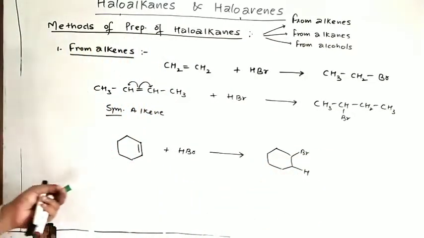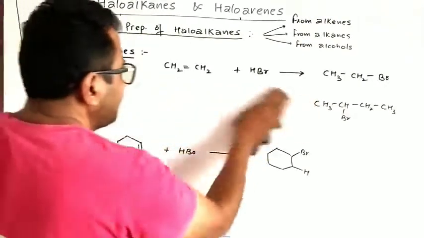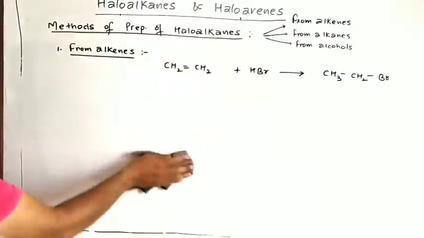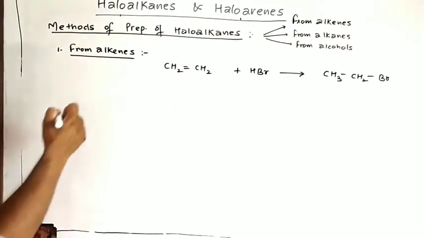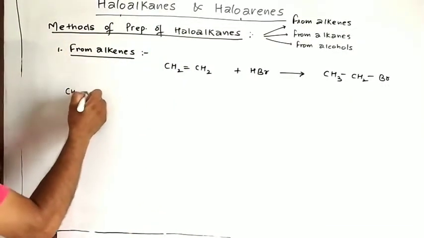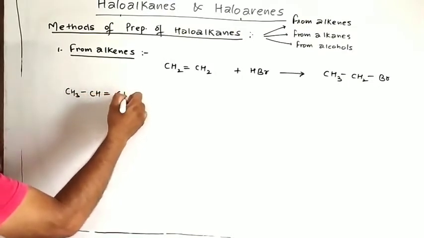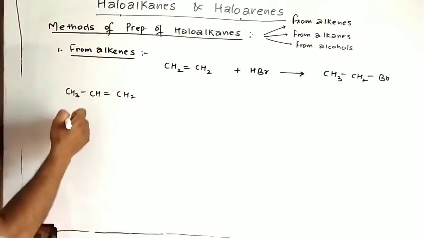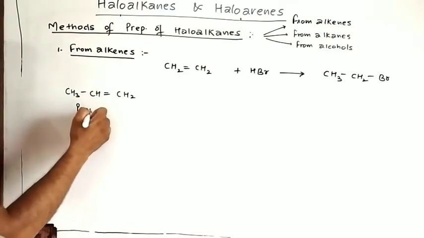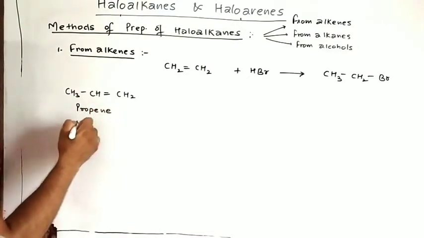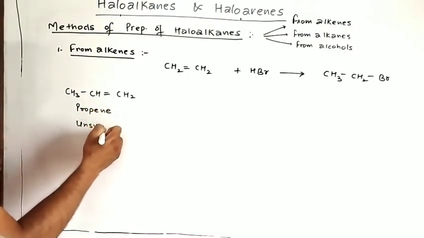Because this is also a symmetrical alkene, it doesn't matter. Now, if your alkene is unsymmetrical, like CH3CH=CH2, this is propene, this is your unsymmetrical alkene.